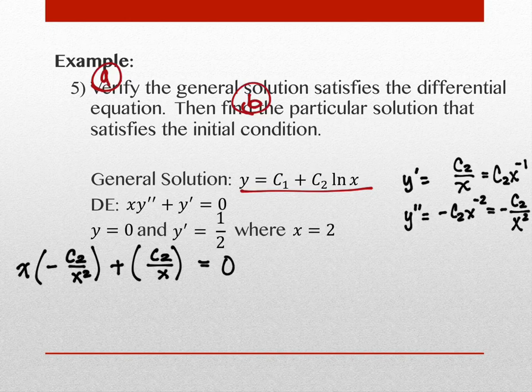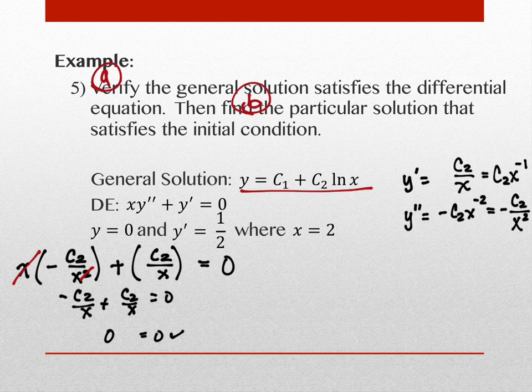So what happens on the first piece? Yep, one of those x's from the denominator is going to cancel with the x over here. That's going to leave me with negative C2 over x plus C2 over x. And sure enough, you add those together and you get 0, right? So we verified it. It worked.